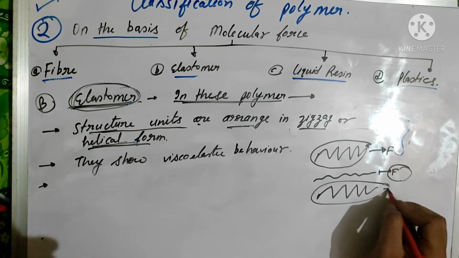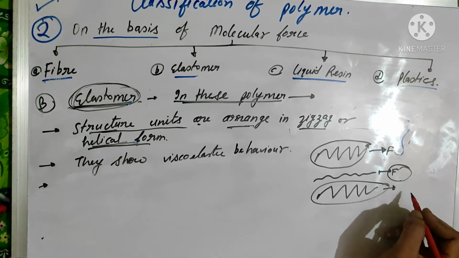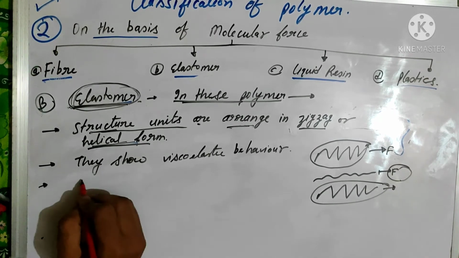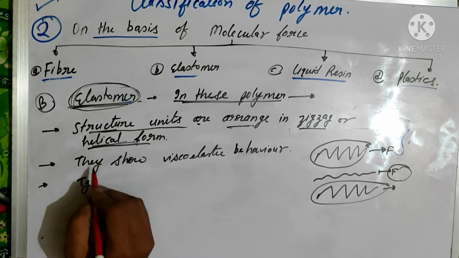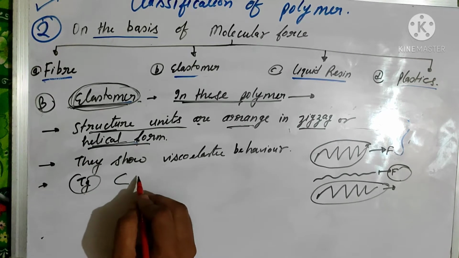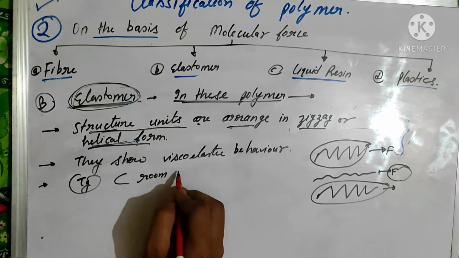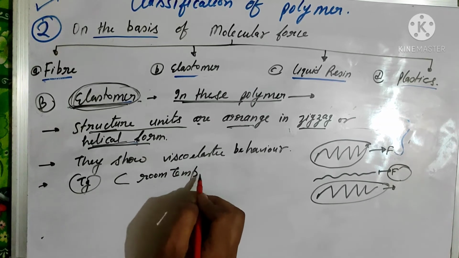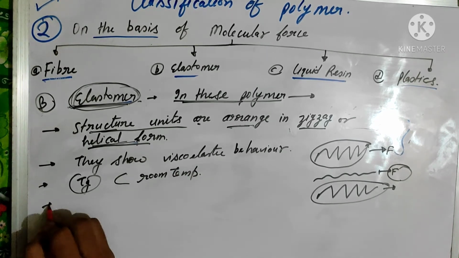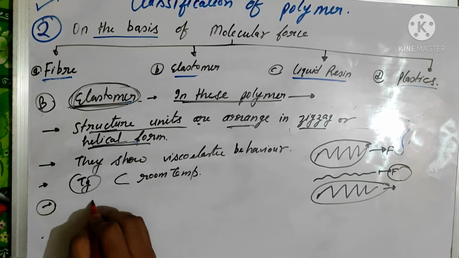So these polymers show viscoelastic behavior. The glass transition temperature of elastomer is lower than room temperature. All the elastomers are amorphous in nature.